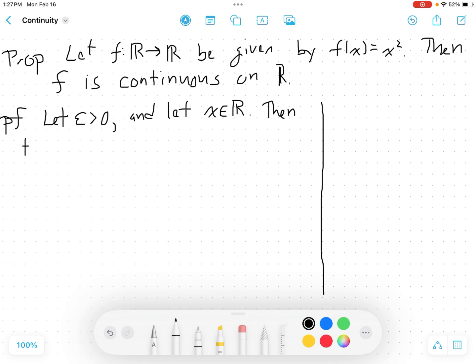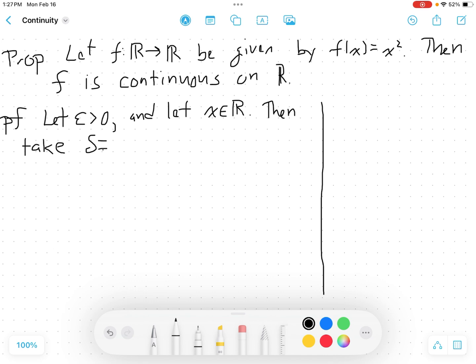I don't know what that delta is going to be yet, but since I'm going to be delving into what the function itself does, I don't need to establish any deltas earlier on. I'm just going to say take delta equals, leave this blank, and fill it in once things become more clear.